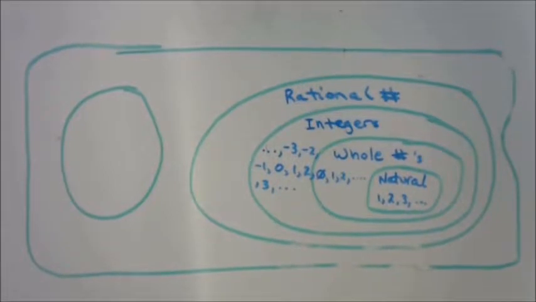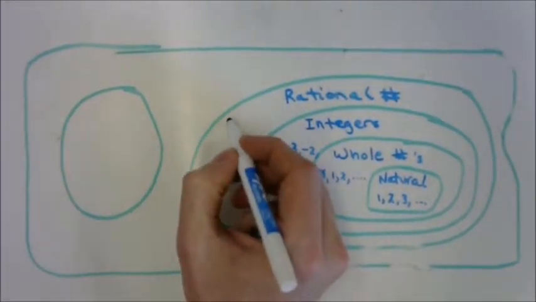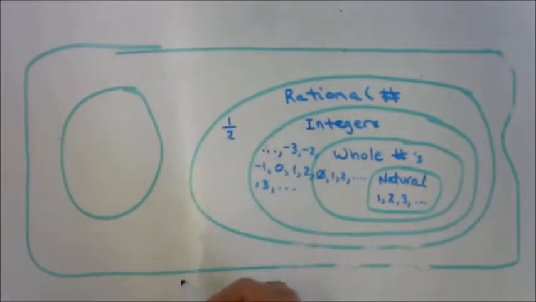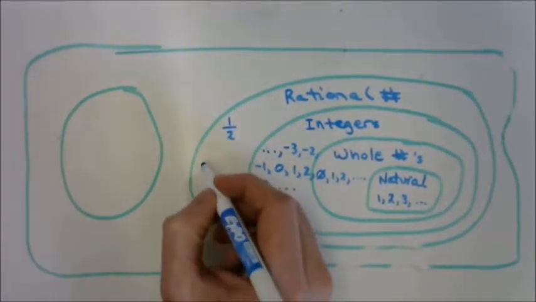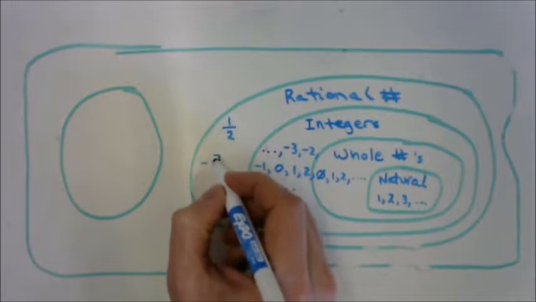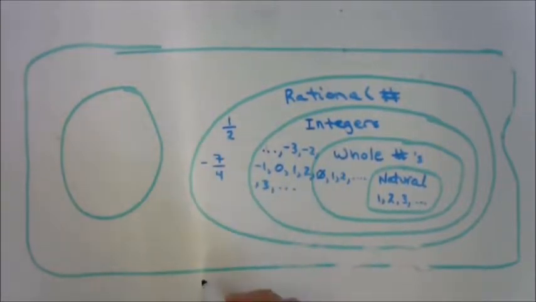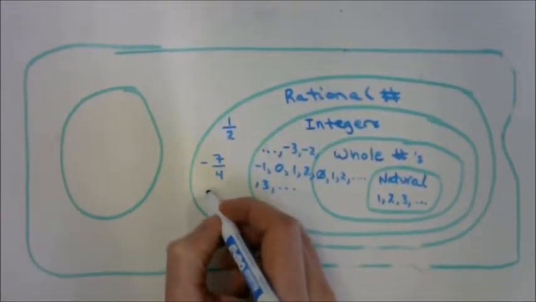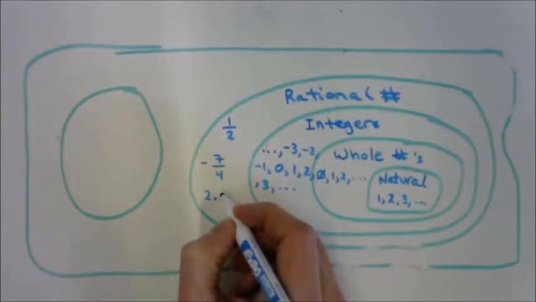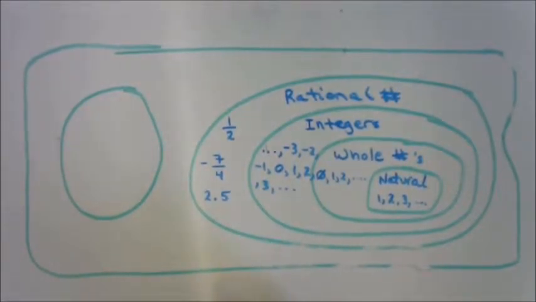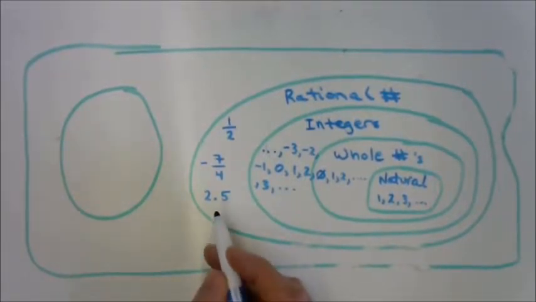So that's things like 1/2 or -7/4. Or what about 2.5? That could be expressed as a fraction, right? 5/2 is the same as 2.5.